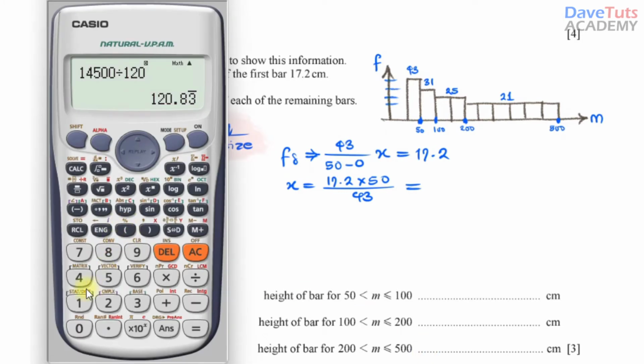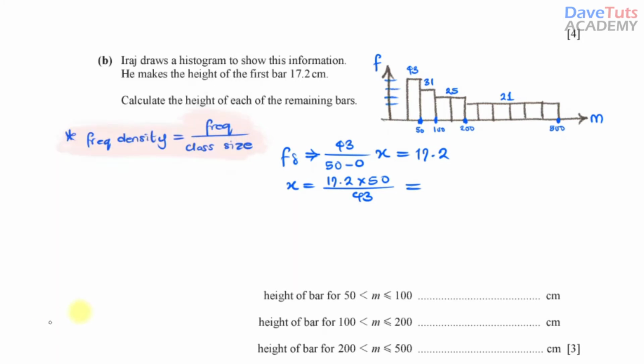So we can say 17.2 times 50 divided by 43. What's that going to give us? Good. So x is actually 20, and if x is 20, what we need to do to get the height of each of the remaining bars is to use this same formula for the frequency density, but now we use x as the extrapolated value to factor in the height of each of the bars.